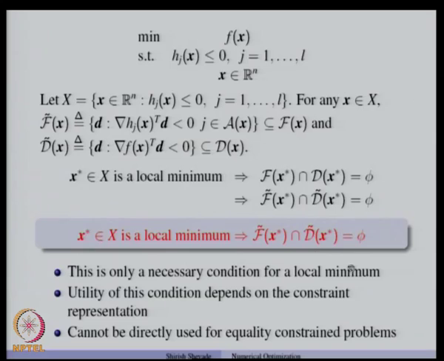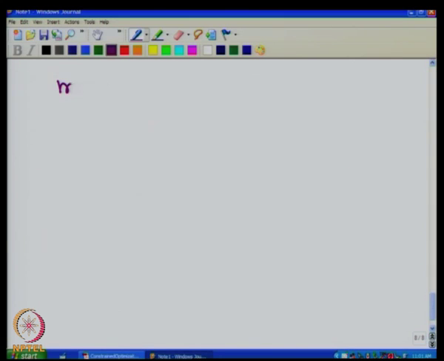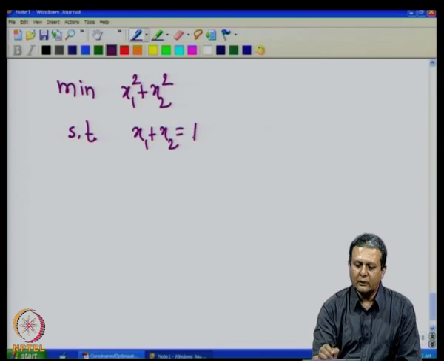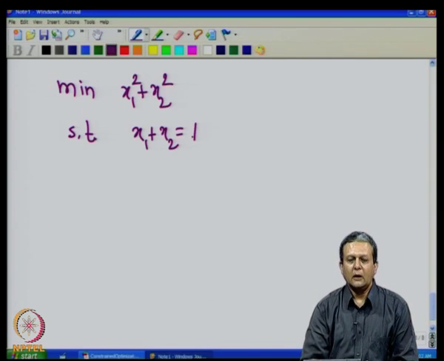Now, another important point that one has to note is that this condition cannot directly be used for equality constraint problems, and we will see that now. So, if we minimize x1 square plus x2 square subject to x1 plus x2 equal to 1, this is our equality constraint problem.